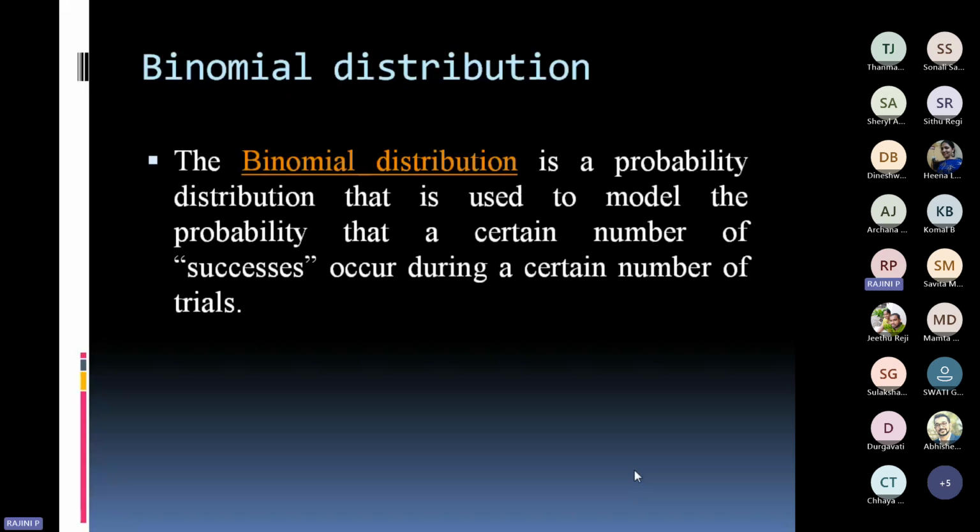Then in that case, we go for the binomial distribution. Remember, in an experiment, we have only two possible outcomes, whether success or failure, yes or no, true or false, confirmed, not confirmed. Like that, only two possible outcomes.